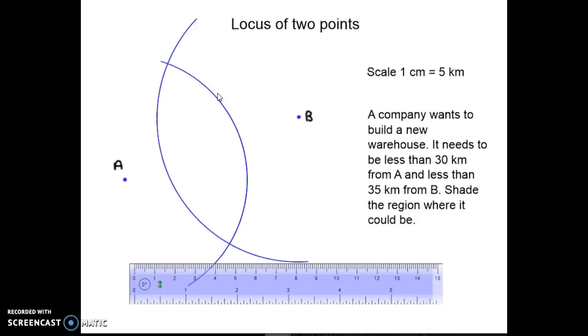So this area here created where the two arcs intersect, this is the region that I'm going to shade. So my factory, my warehouse, can be anywhere within this region.